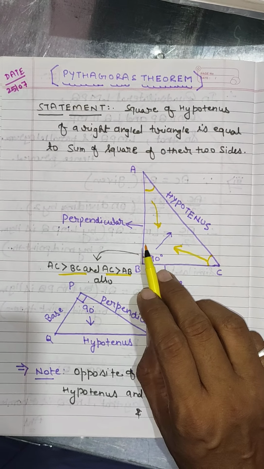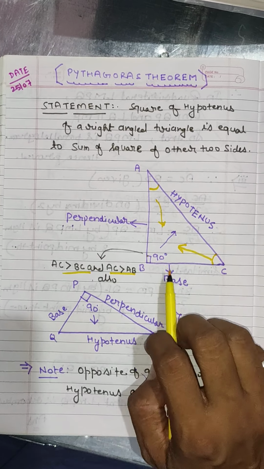So overall we can say the hypotenuse is always more than the perpendicular and the base.